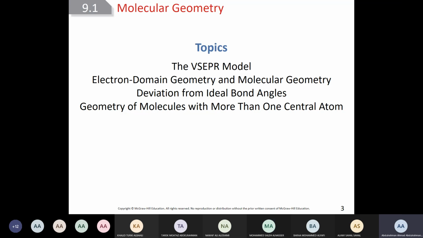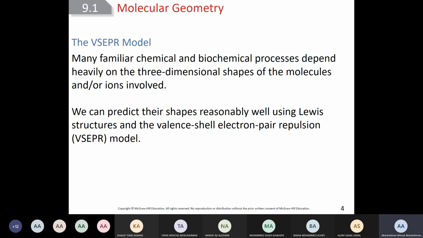Now, in chapter 9, we're going first to talk about the valence shell electron pair repulsion model. I want you to look at these names, and then I'll tell you the full name, and I want you to memorize it: VSEPR model. What's this model called?